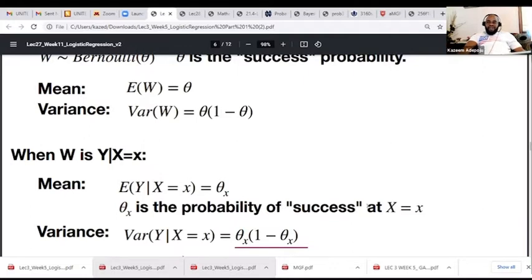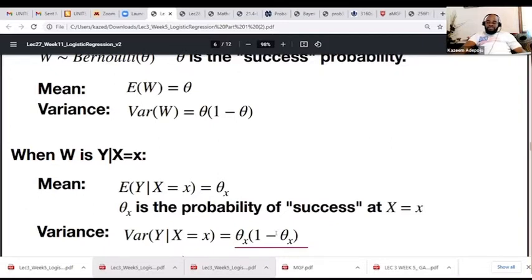And if I want to find the variance of y given x, using this, I'm also going to have this.